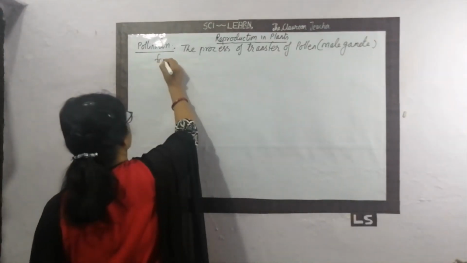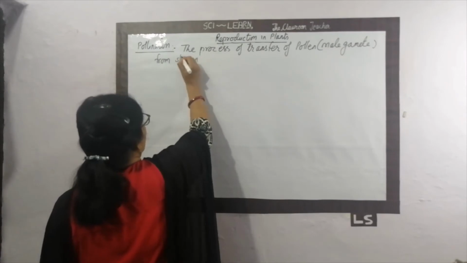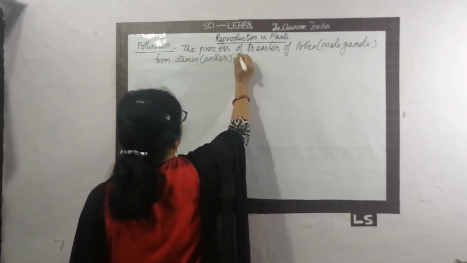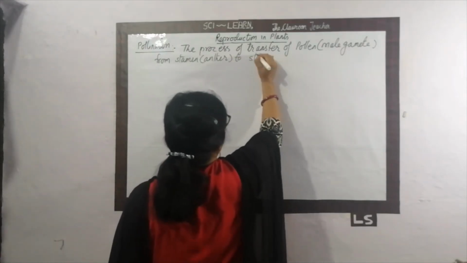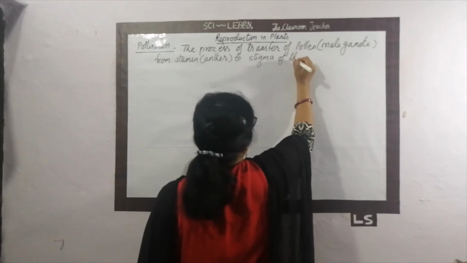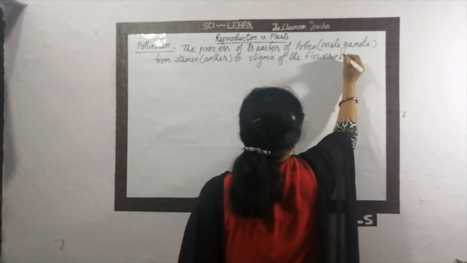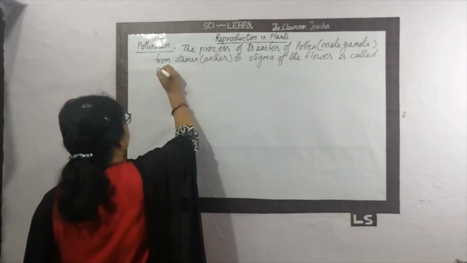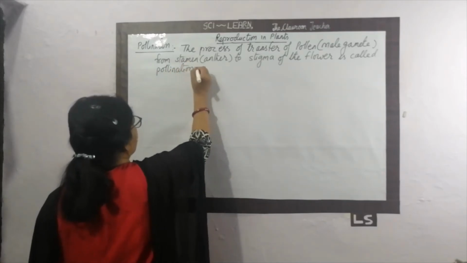From stamen or anther to stigma of the flower. Pollination. This is a simple definition of pollination.